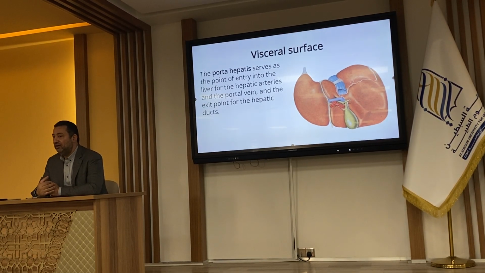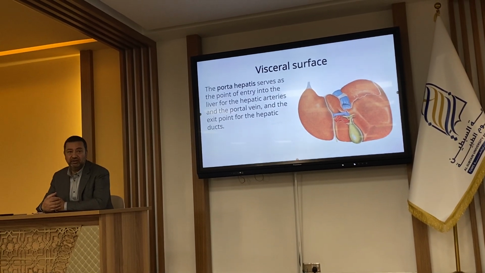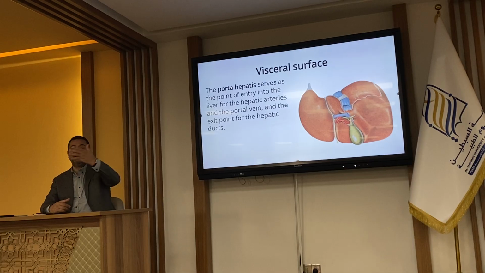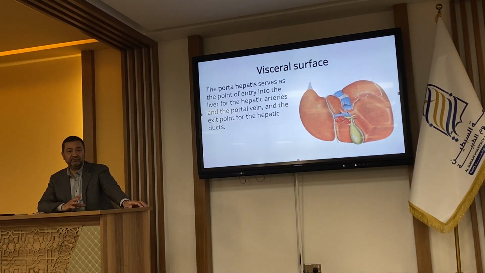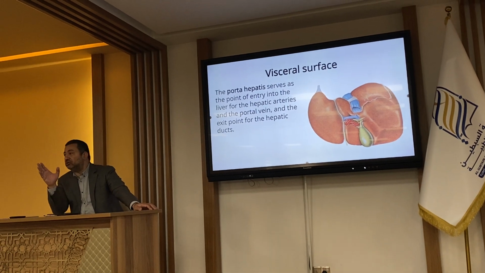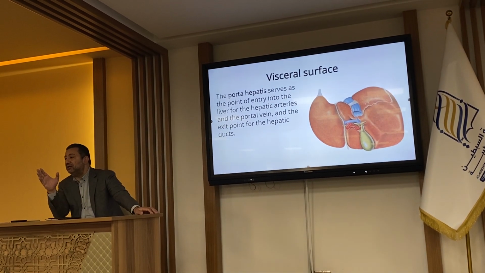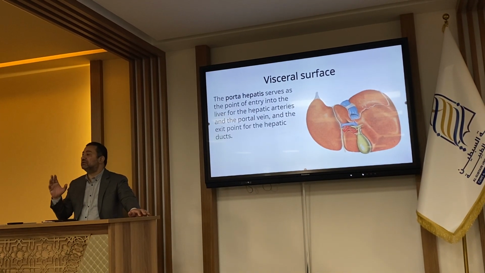Do you remember? Winslow's foramen is between the lesser sac and the greater sac, between the bursa omentalis and the greater sac of the peritoneum. I told you the anterior border of the Winslow's foramen is formed by the free border of the lesser omentum.